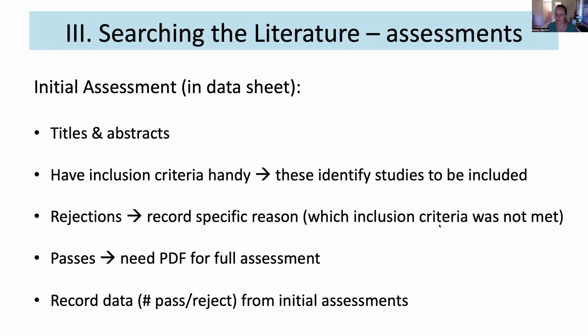That's the whole point of making inclusion criteria, so you have reasons for not including a paper. For all the papers that then pass this initial assessment, I get the PDF so I can do the full assessment. And at the end of this initial assessment, you want to have pass-fail data that you can report, right? So you have the total number of search returns, and then you have the percentages of those that pass the initial assessment.